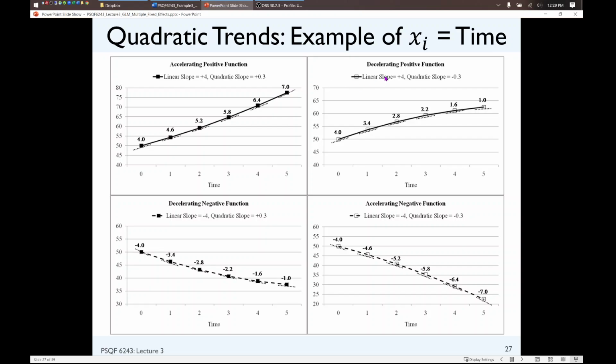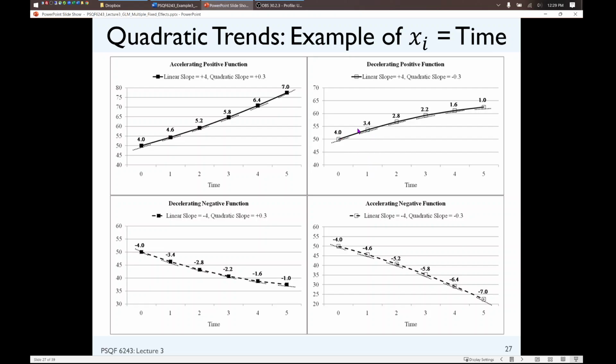If your slope coefficients are in opposite directions, then that might create the picture on the top right or the picture on the bottom left. So first, if I have a positive linear slope of 4 paired with a negative quadratic slope of negative 0.3, now they're working in opposition. So the same starting slope at time equals 0 specifically of 4 becomes less positive for every unit change in time.